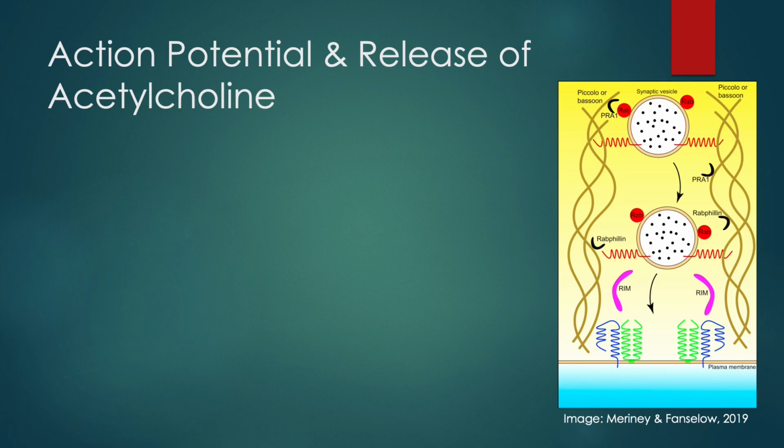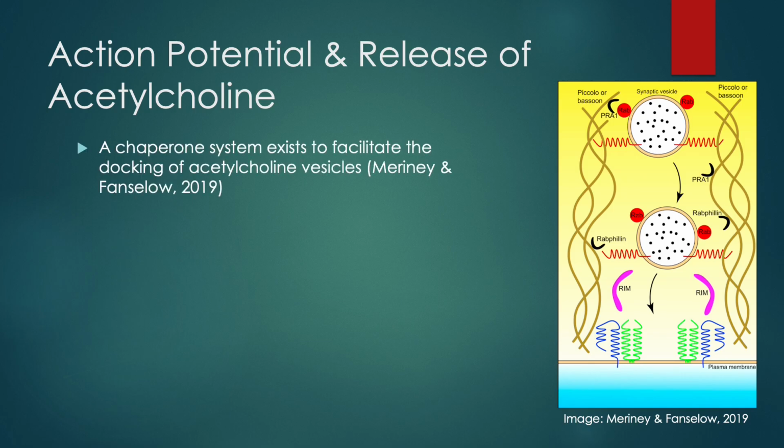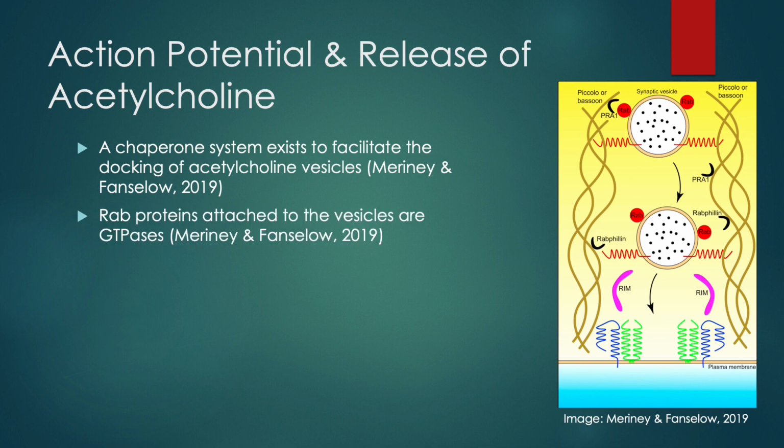So the next thing that will happen is there is a chaperone system that exists to facilitate the docking of the acetylcholine vesicles to the cell membrane. It doesn't just fall, but there's actually a chaperone system in place.